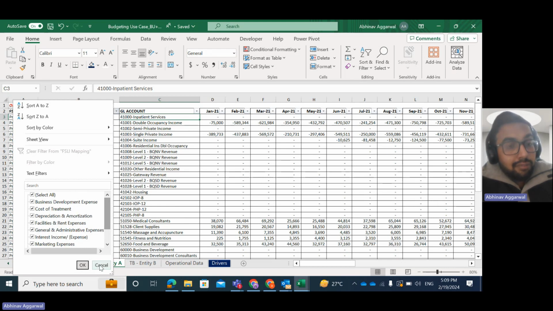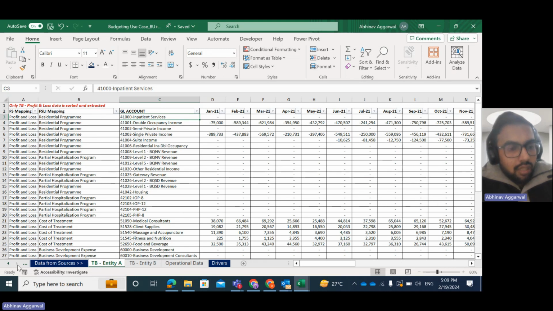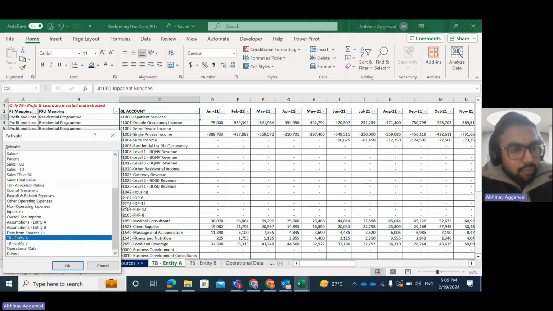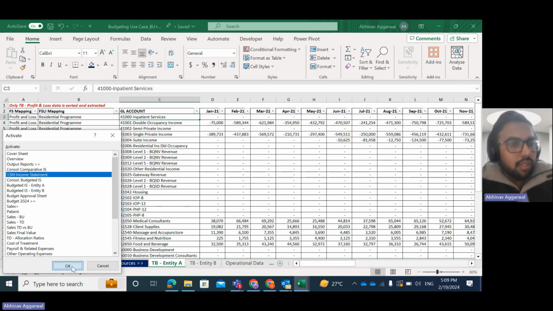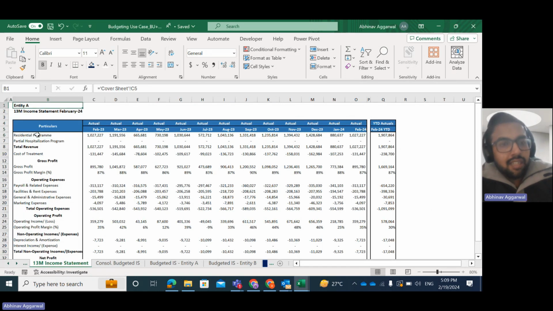Okay. And once I have categorized my GL accounts, let me show you one snapshot of an income statement. So let me show you a 13-month income statement. You can see the data that I have logically mapped is being presented in this format. Your revenue has different service lines. Then it is your direct cost, cost of goods, cost of treatment, since it's hospitals data.